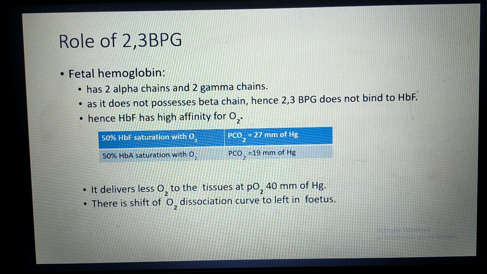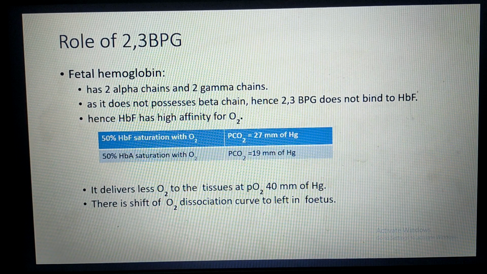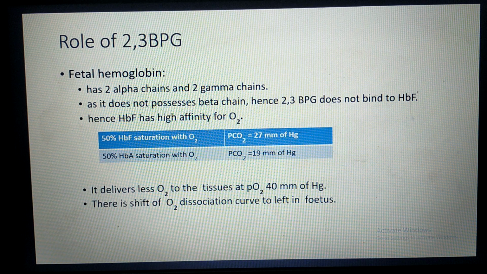Hence hemoglobin F delivers less oxygen to the tissue, which is not beneficial for our body. This can be demonstrated by this example. When the partial pressure of oxygen is 27 mm of Hg, the hemoglobin saturation of HbF is 50%, whereas hemoglobin A shows 50% saturation with oxygen at a PO2 of 19 mm of Hg.